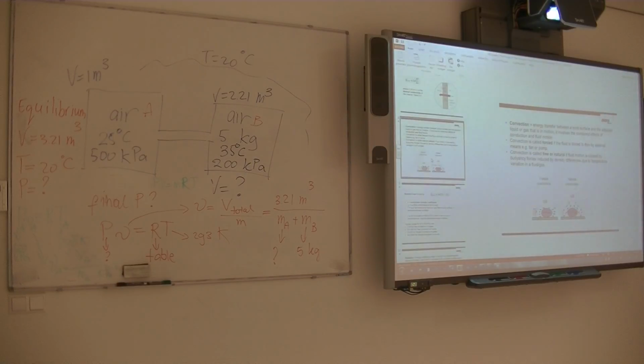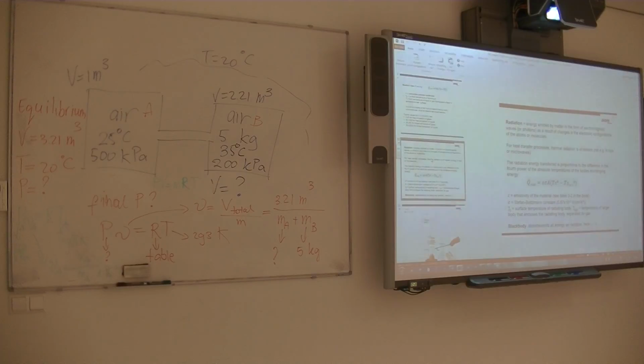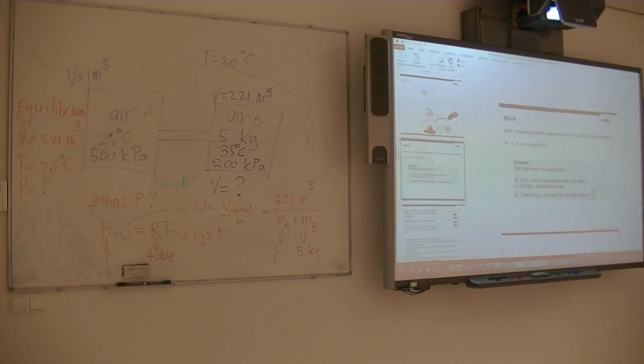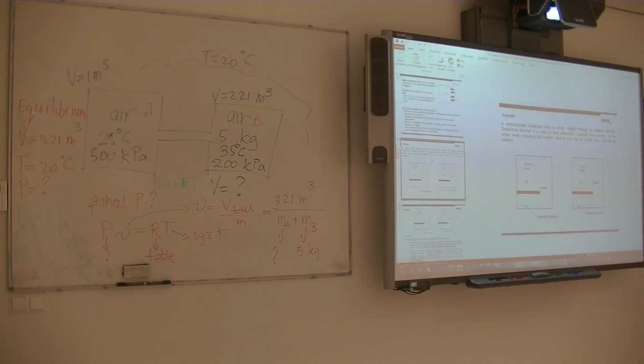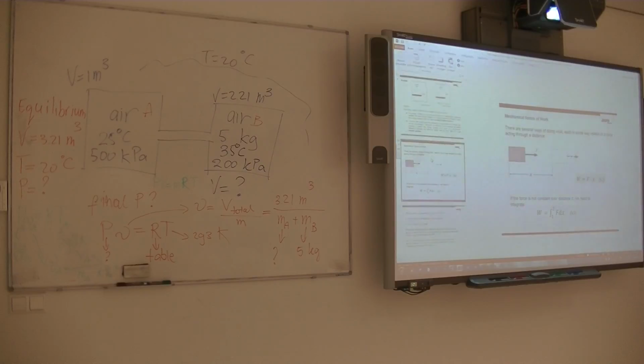And then here you had these definitions of convection and stuff like that. I'm going to focus on the work. Heat, energy transfer associated with a force acting through a distance. So force times distance, sign convention, boundaries, mechanical forms of work.